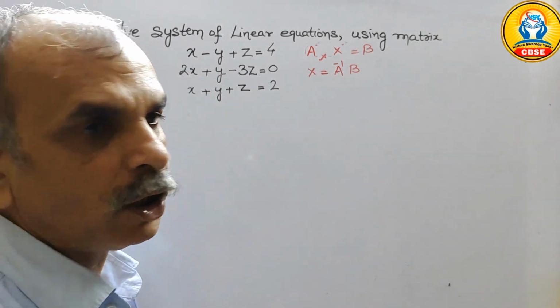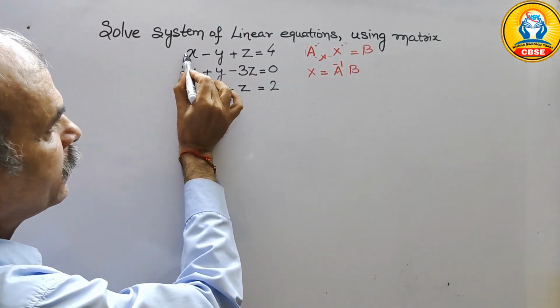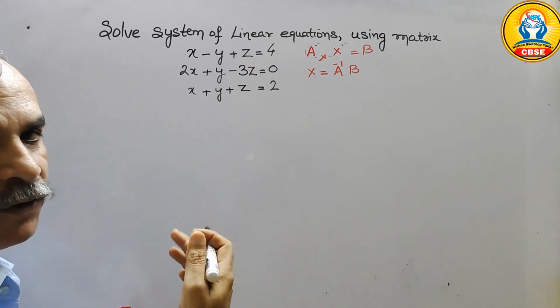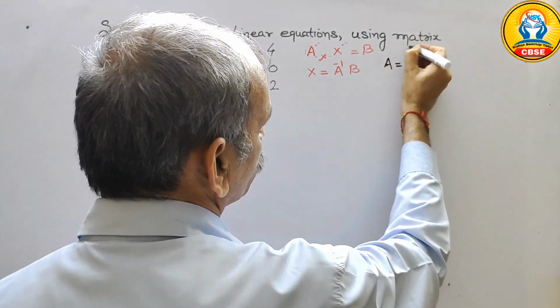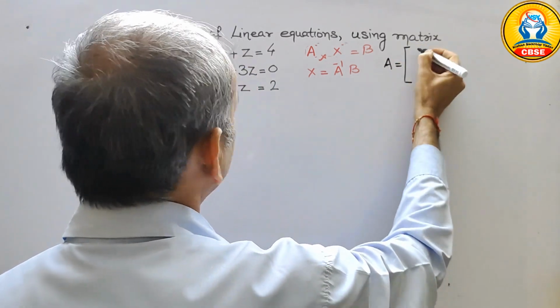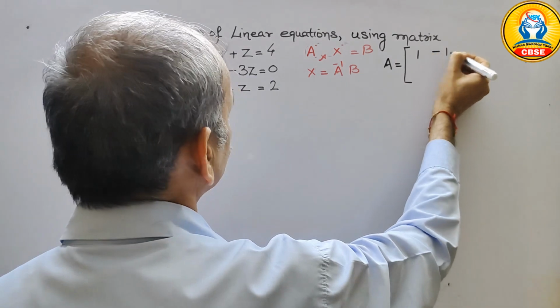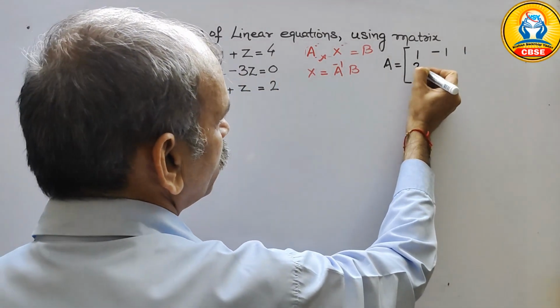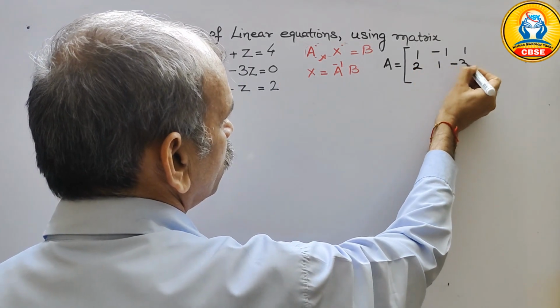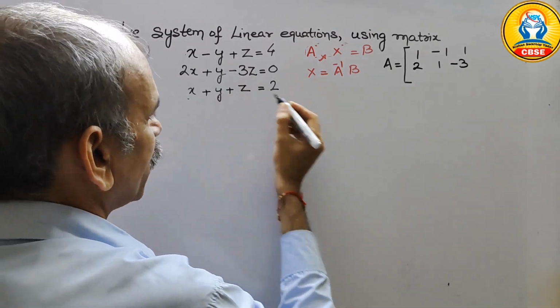A is nothing but what? Only the coefficients of x, y and z. So we can say A is equal to 1, minus 1, 1; 2, 1, minus 3; next is 1, 1, 1.